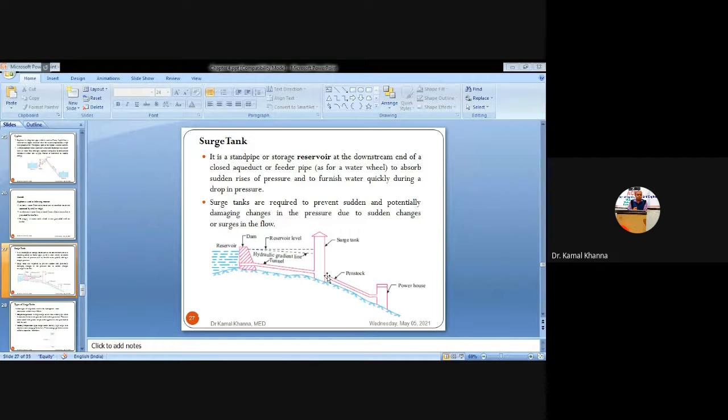And as soon as the water strikes the turbines at very high velocity, they start rotating in a certain direction, and with the help of that rotation, the turbines are used to generate mechanical energy. But the main purpose of the surge tank is to prevent the sudden rise in the pressure whenever the water is being transferred from a very large height.